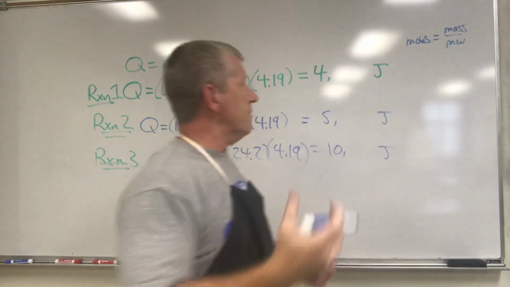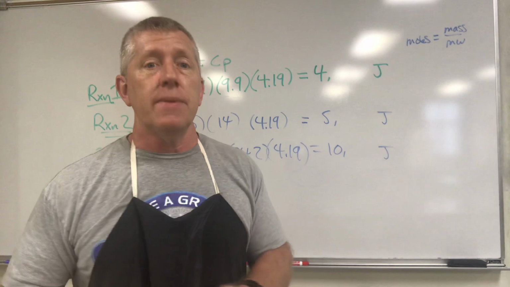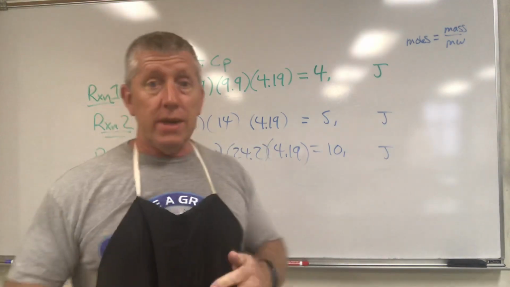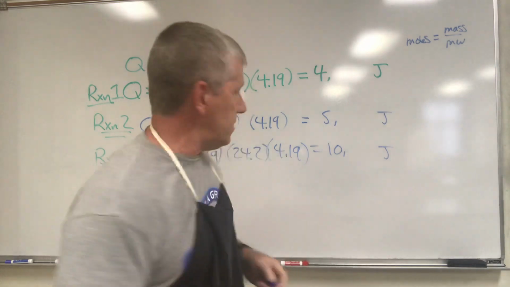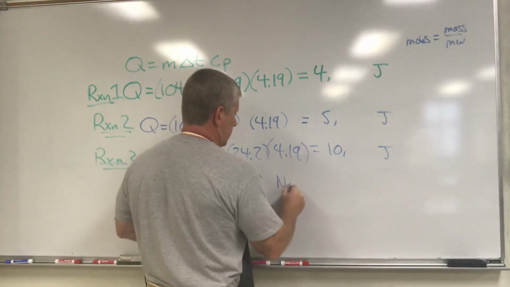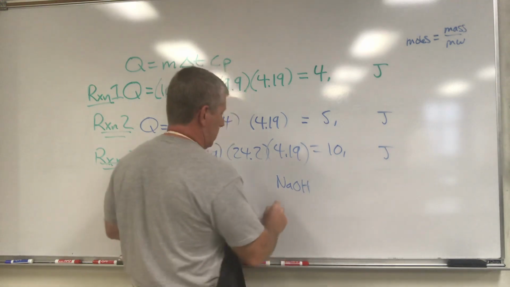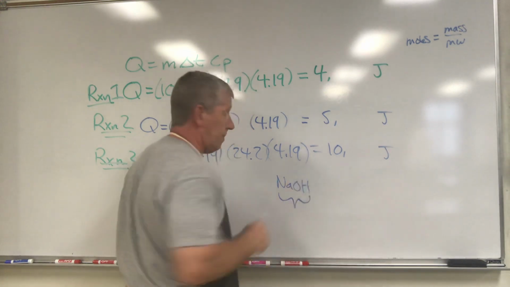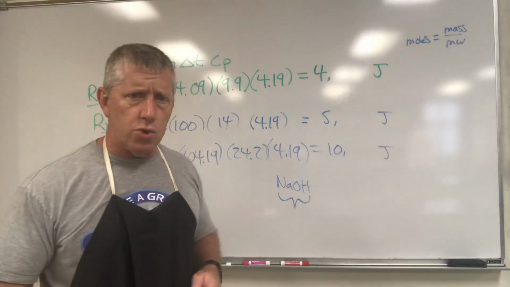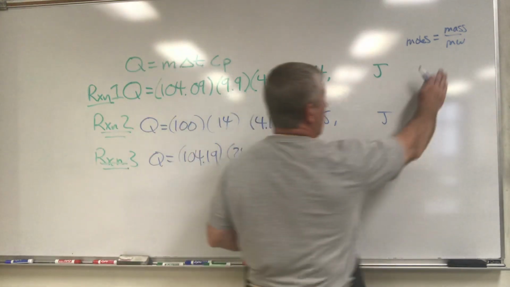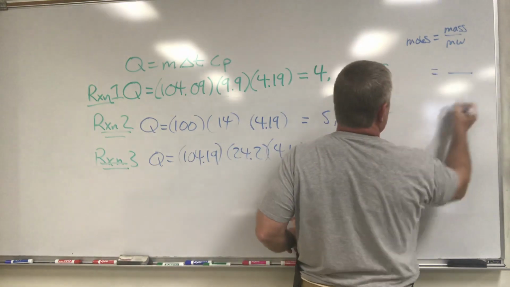So for each one of these, for the sodium hydroxide, you're going to take the mass of the sodium hydroxide used and divide it by the molecular weight of sodium hydroxide. Now, sodium hydroxide, NaOH, you add that all up, and you'll get the molecular weight. I'm not going to do it for you, my partner. You look this stuff up, and you get the mass for that sodium hydroxide. That's your molecular weight. So you'll divide.